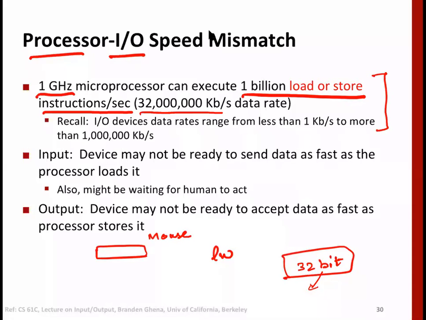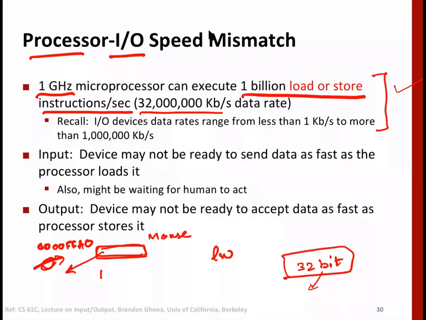The mouse will have one buffer, which is mapped to some memory address, let's assume 0000 00A0. So while the processor can work at very fast speed and send data at this speed, the mouse may be expected to provide data at that speed, which it cannot, because the mouse operates at a very slow speed.